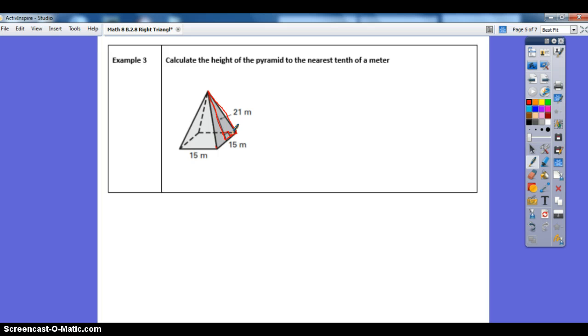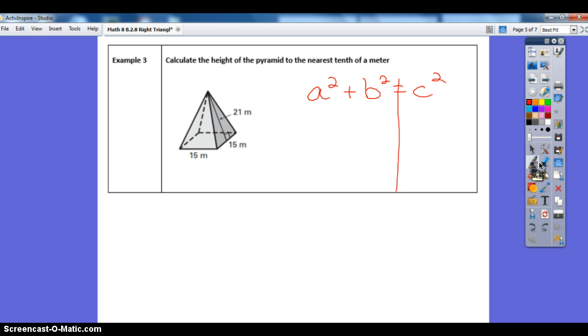So that triangle. A squared plus B squared equals C squared. We all agree on that. You have to take 15 divided by 2. Why can't we just use the triangle on the outside?